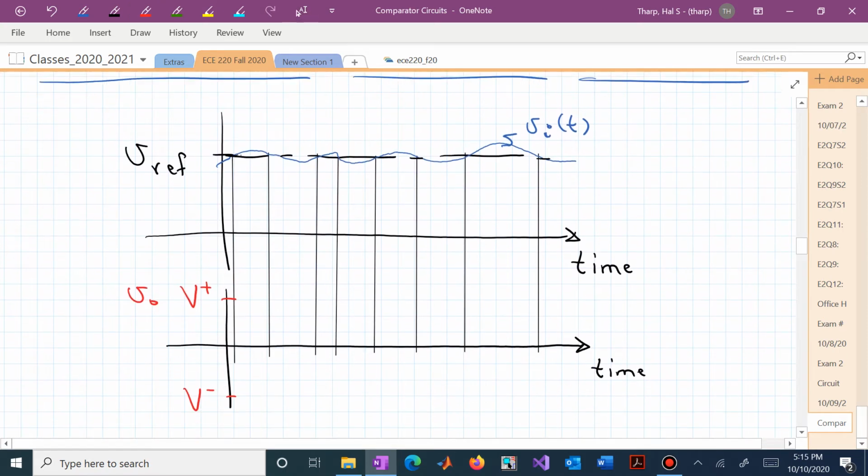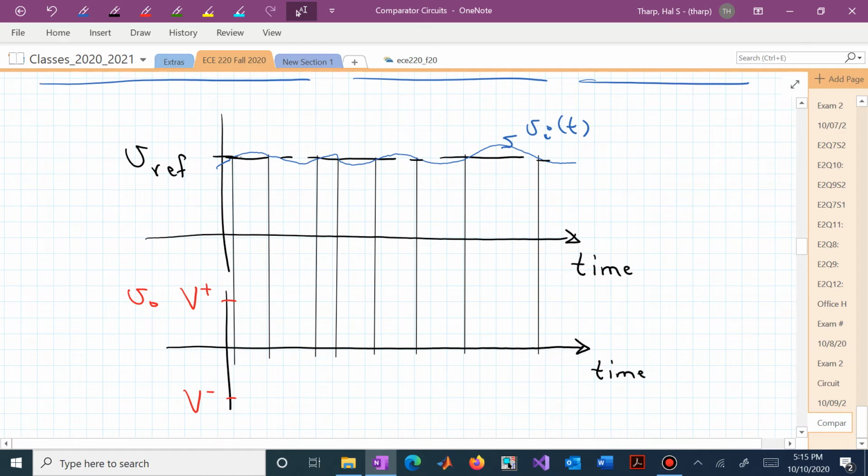Now we can actually draw what that looks like. Let's say that V sub I is noisy. So now V sub I is trying to be near Vref, but it's actually moving back and forth around that.